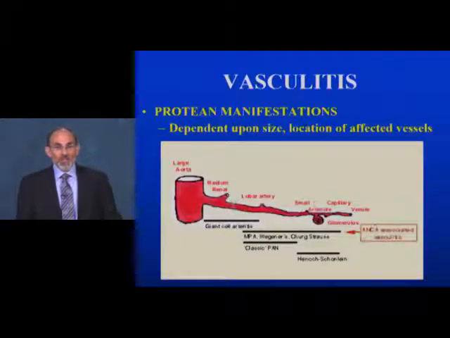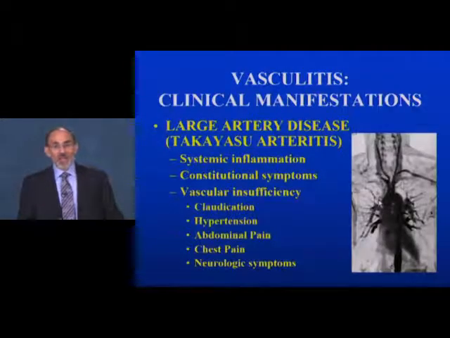But generally, the manifestations of vasculitis depend on the size of vessel that is involved. And briefly, to stay on our focus of clinical important points, large artery disease, such as Takayasu arteritis involving the aortic arch and large vessels that come off, such as obstruction here of the subclavian, leads to systemic inflammation measurable on lab tests and fever, constitutional symptoms such as malaise and anorexia, and then vascular insufficiency as large vessels become narrowed or occluded and inadequate blood gets to the muscles to allow them to function normally.